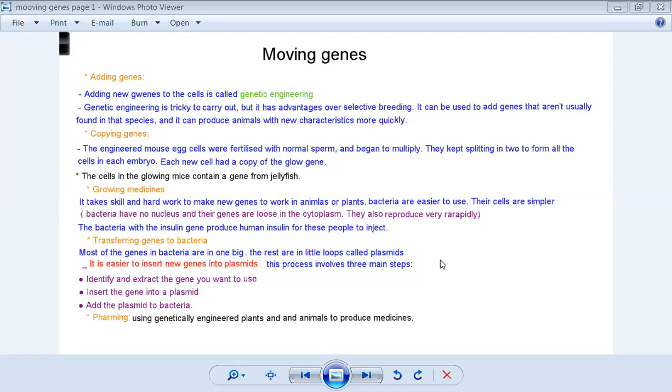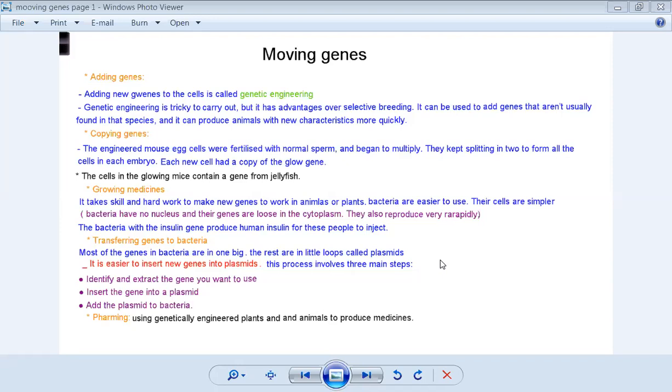Some people have high blood glucose, which is diabetes. Their body cannot make enough insulin to decrease the blood glucose. So they have to get injections, okay?